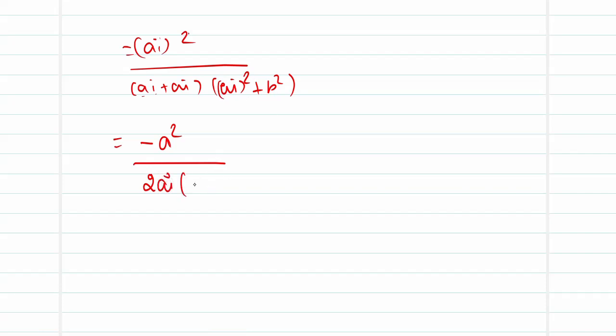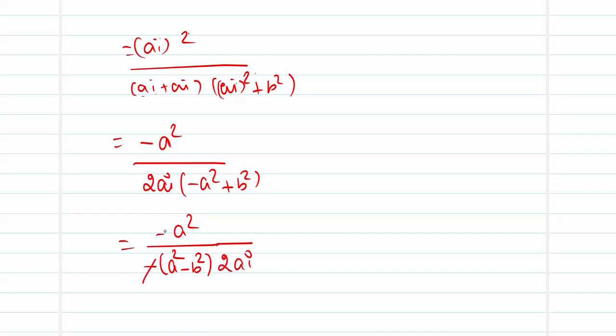This is a square with i square to be minus 1 plus b square. So let me take a minus sign common outside from over here. So this will give me (a square minus b square) into 2ai. Minus sign can be cancelled off. One of the a can be cancelled off, leaving us with a divided by 2i into (a square minus b square). This is my residue 1.